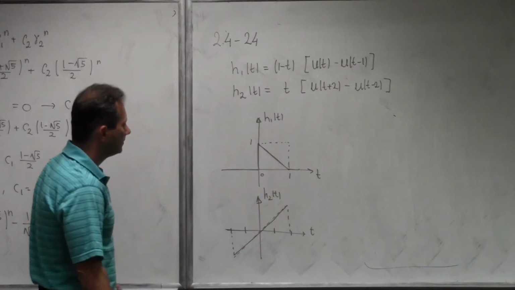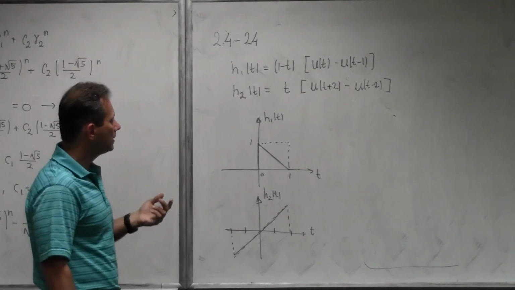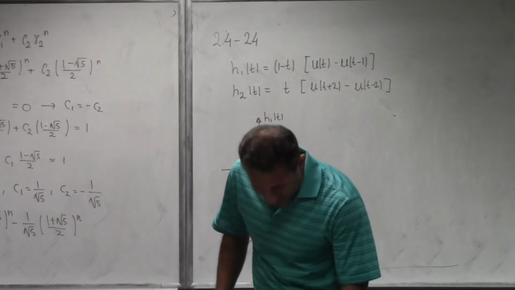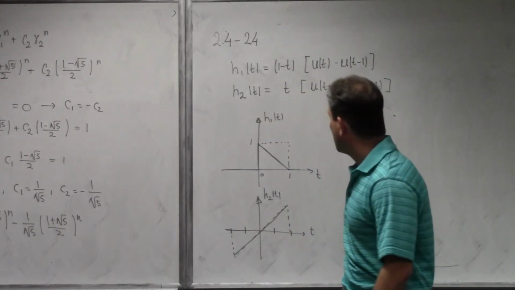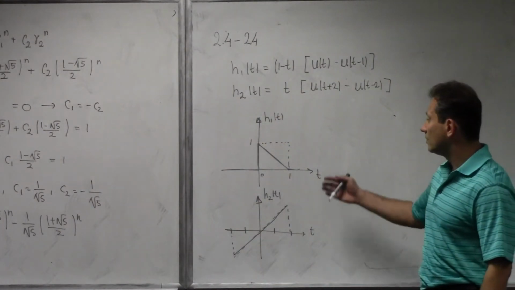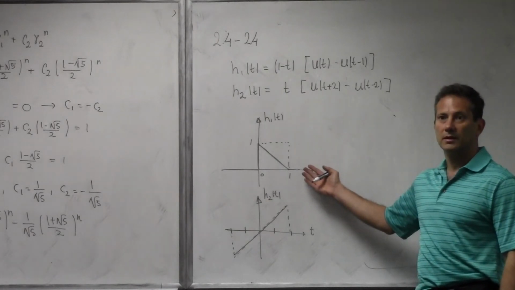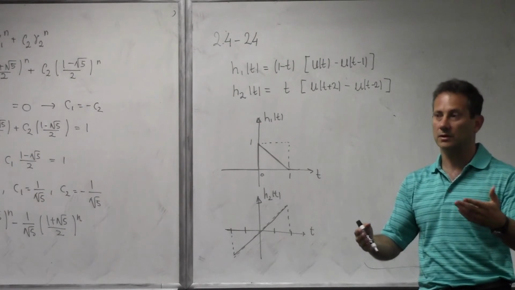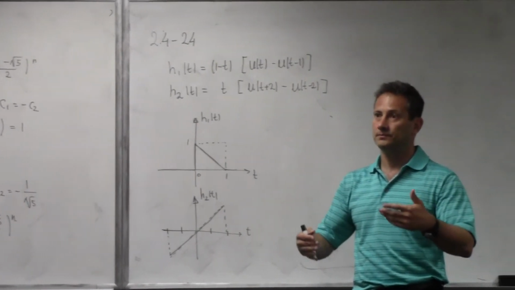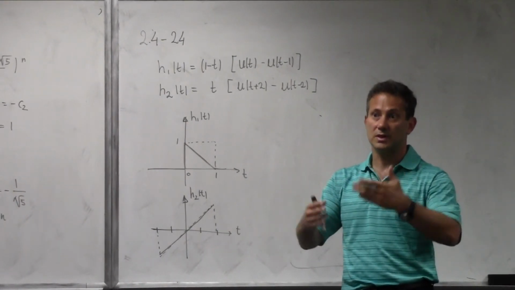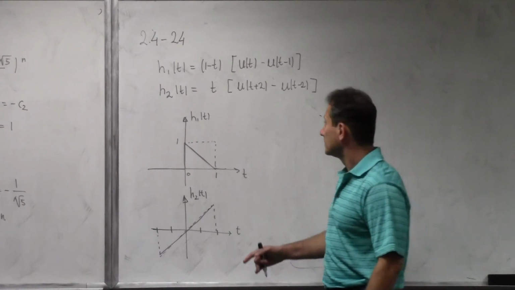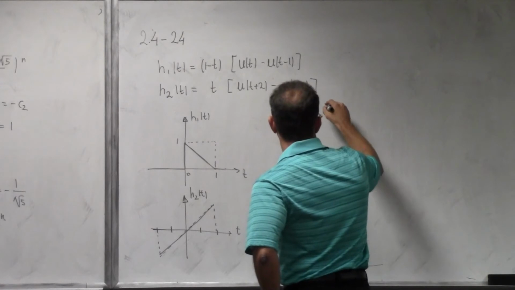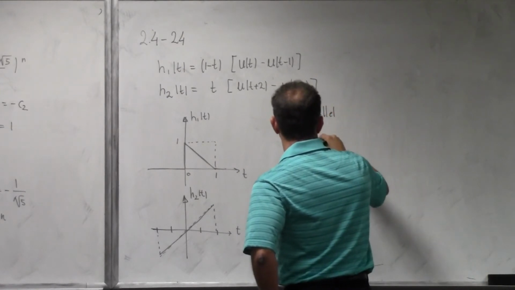Now, if I connect them, since I already kind of solved, this is part A. If the two systems are connected in parallel, how does the overall impulse response look as the sum of the two? We saw that if you have two systems in parallel, the overall impulse response is the sum of the two impulse responses. So for parallel, this was part B, the equivalent impulse response.